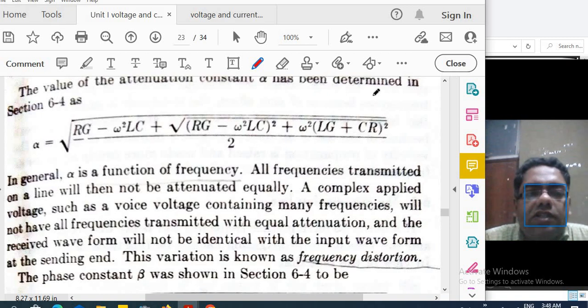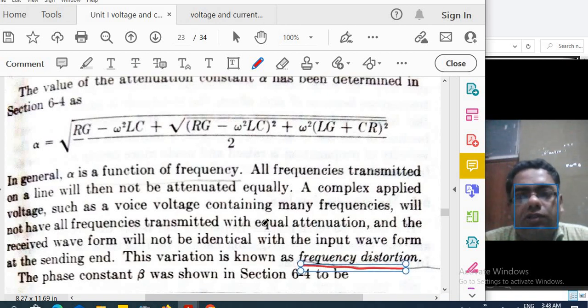Our voice has different frequency components, and different frequency components will be attenuated in a different way. So on the receiver side, different frequency components will change their amplitude depending upon attenuation, and the waveform will be distorted.